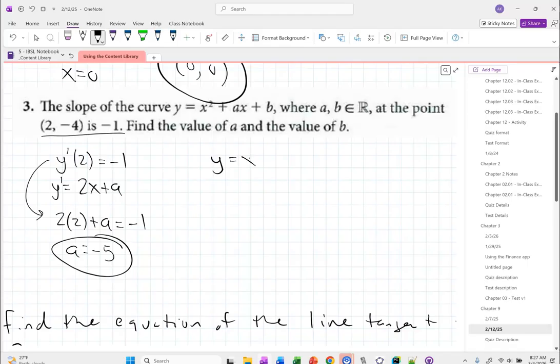Yes. So let's go ahead and do that. I'm going to plug the -5 in for a. Now I need to find an x and a y to put in for that so I can solve for b, right? Do I have an x and y? Yes, I sure do. Here's my x and y.